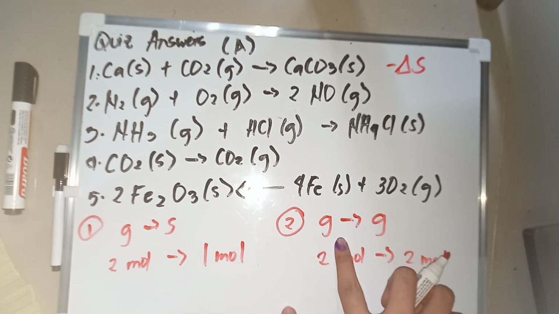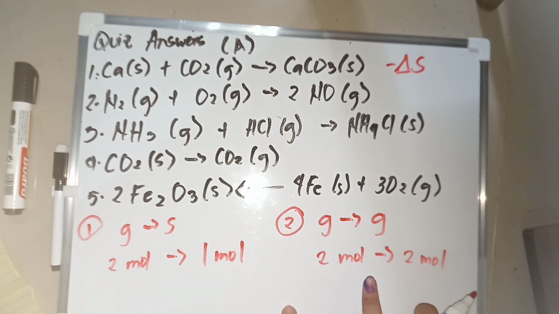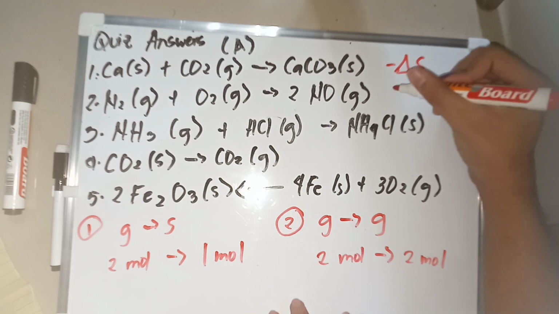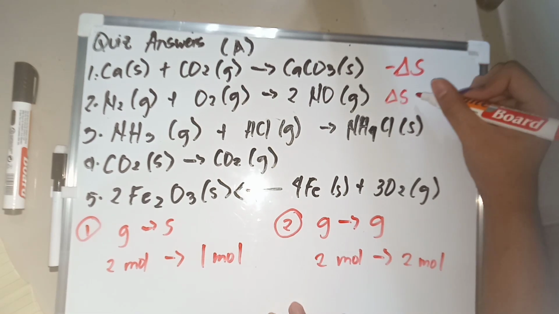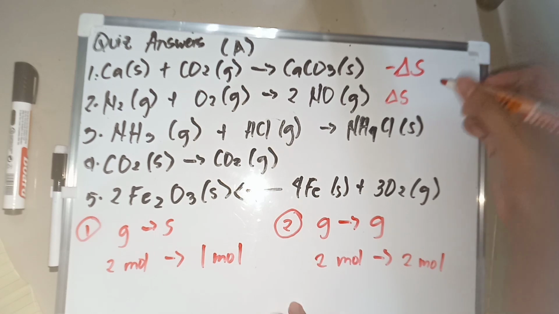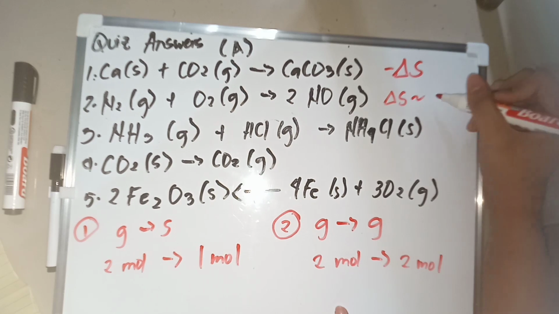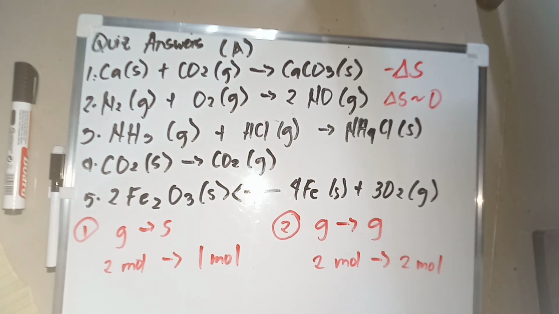So same phase, same number of molecules. So number two will most likely have its entropy stay the same. Again, it might not be exactly zero in the value, but it's gonna be pretty close.